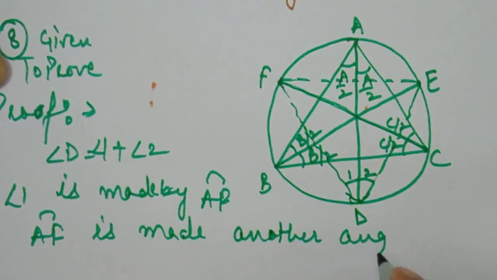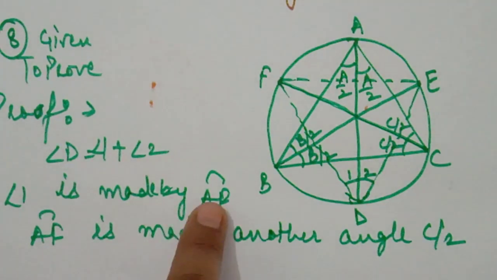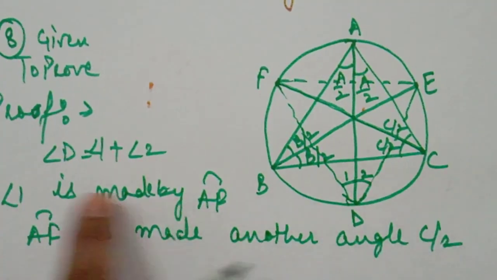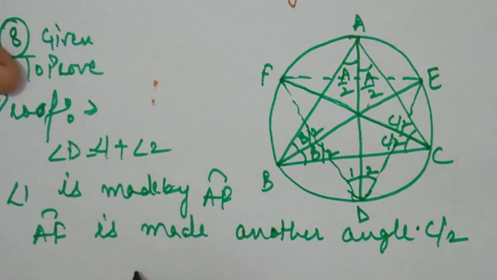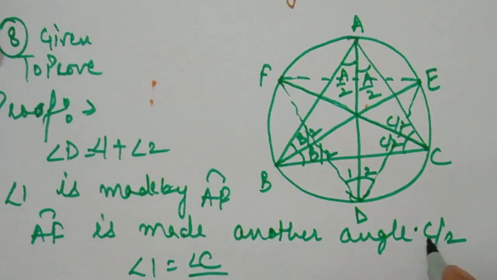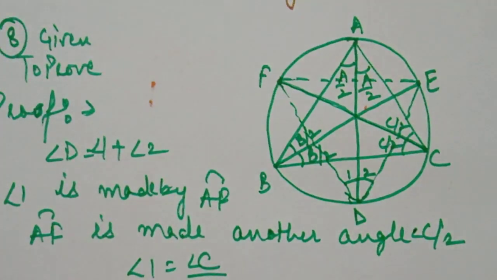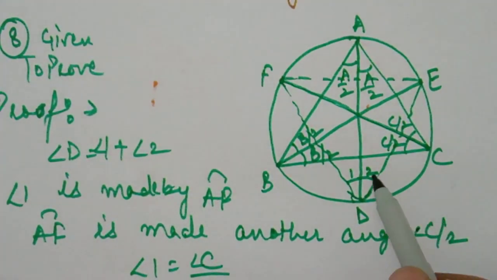If one arc makes two different angles, so definitely they are equal to each other. So angle 1 is equal to angle C by 2.